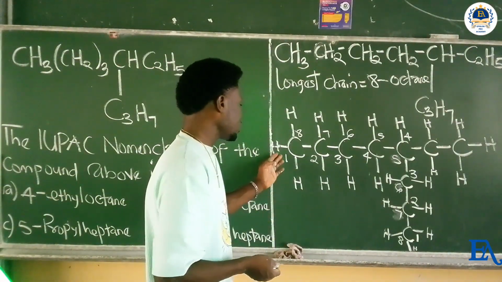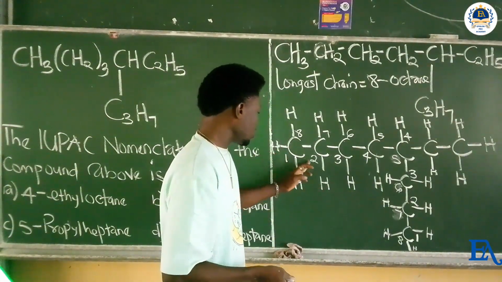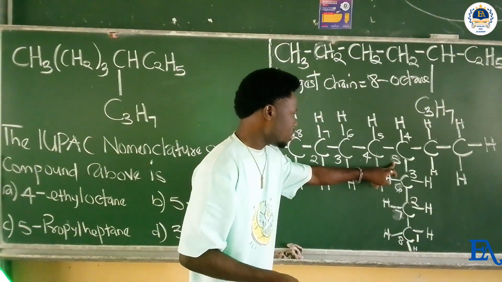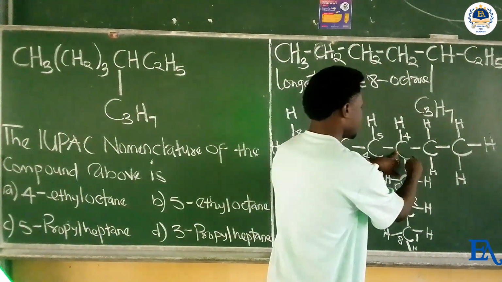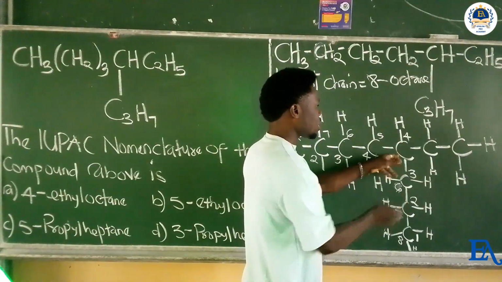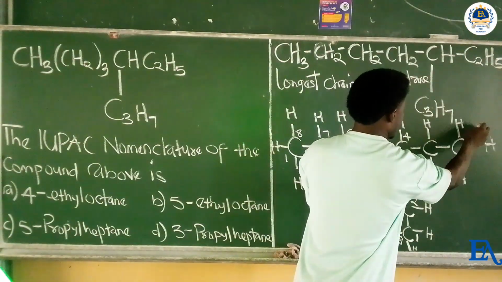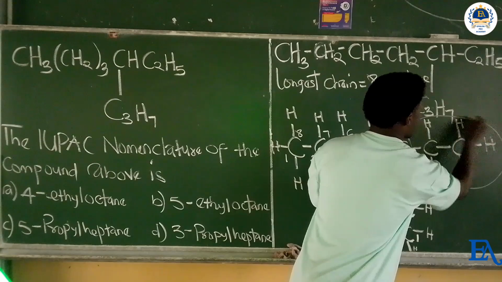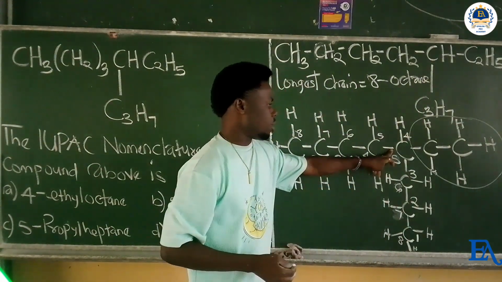Let's look at where the substituent is attached. If counting from here, 1, 2, 3, 4, 5, there's a substituent on the 5th carbon atom, and the substituent is this. This is the substituent, ethyl.